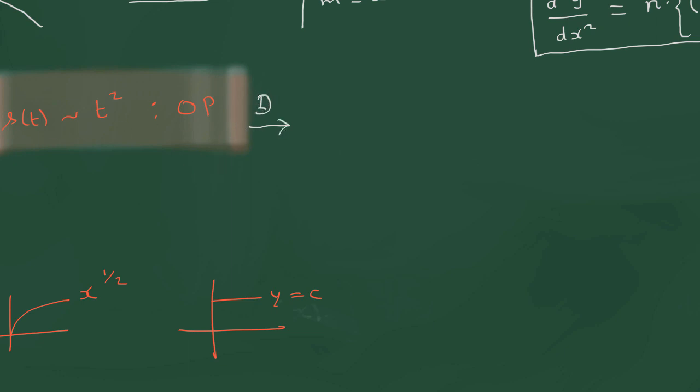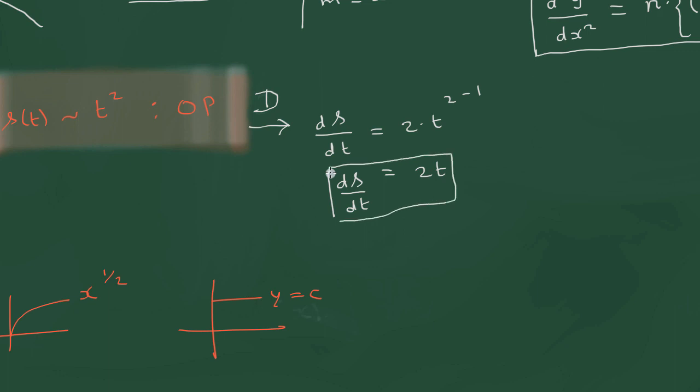If you differentiate this one time, I will get ds divided by dt, which is equal to 2 into t to the power of 2 minus 1, which is equal to 2 into t. So your ds by dt is equal to 2 times t.